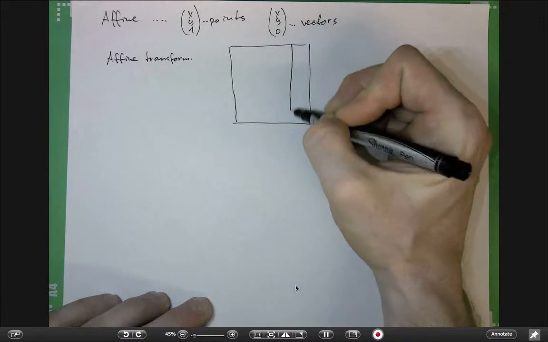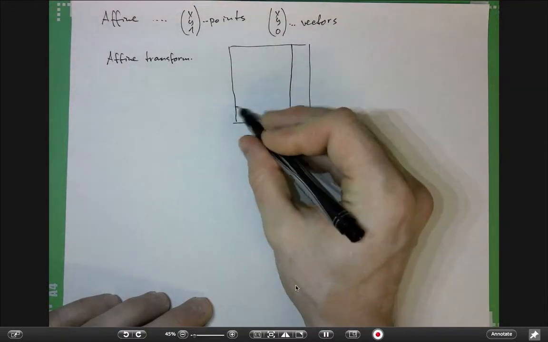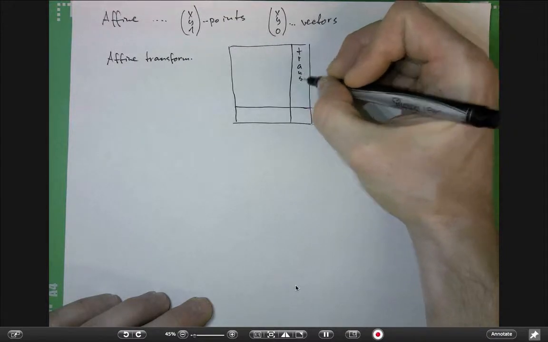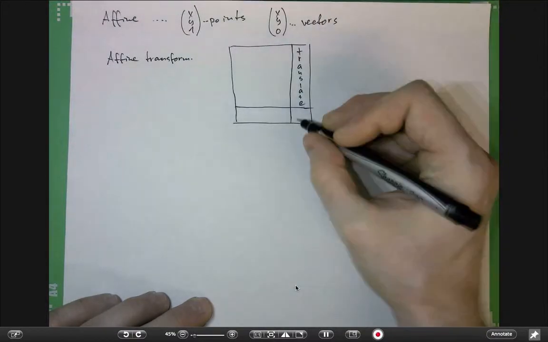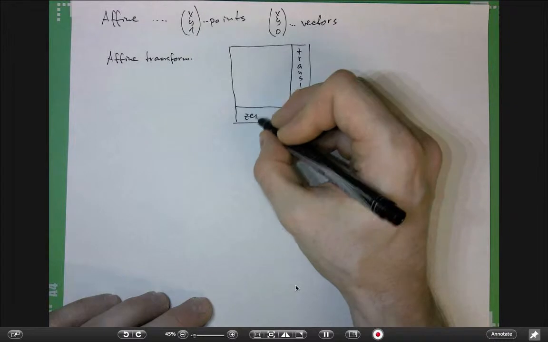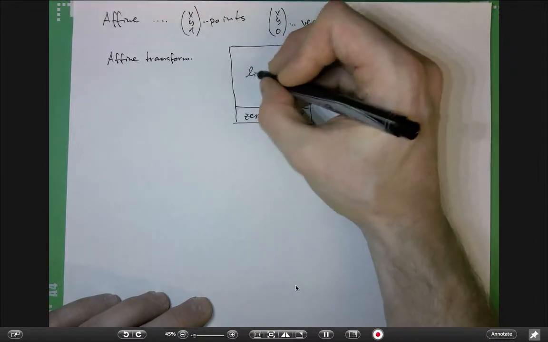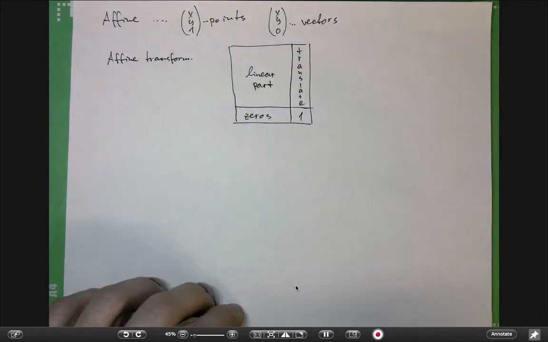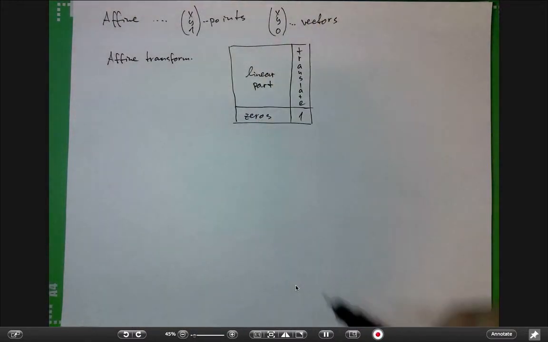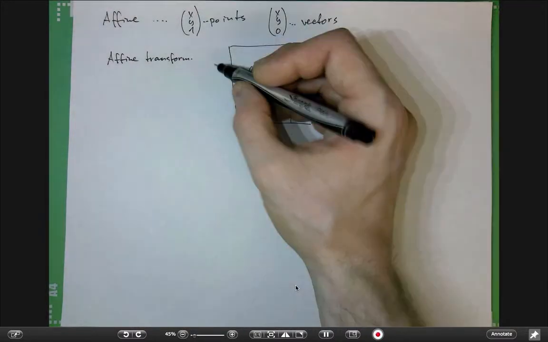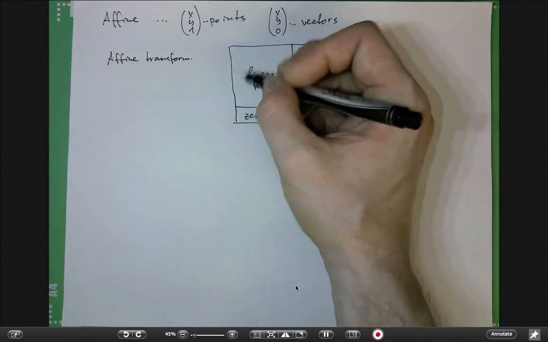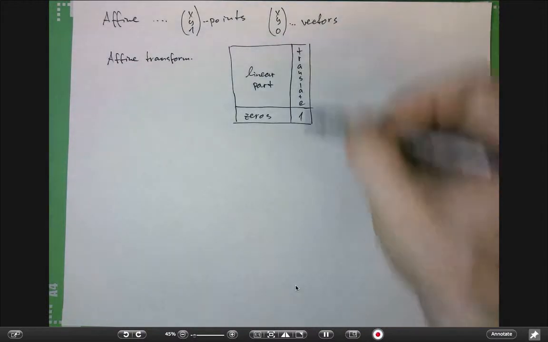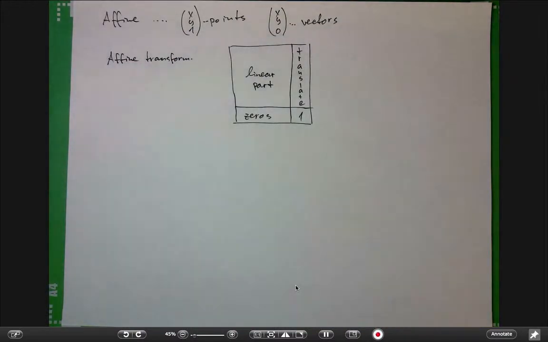So here is my translation. Here is 1, here is zeros, and here is the linear part. So in case of two-dimensional space, this is a 2 by 2 matrix. There I have 2 zeros, and I have 2 translation vector coordinates.